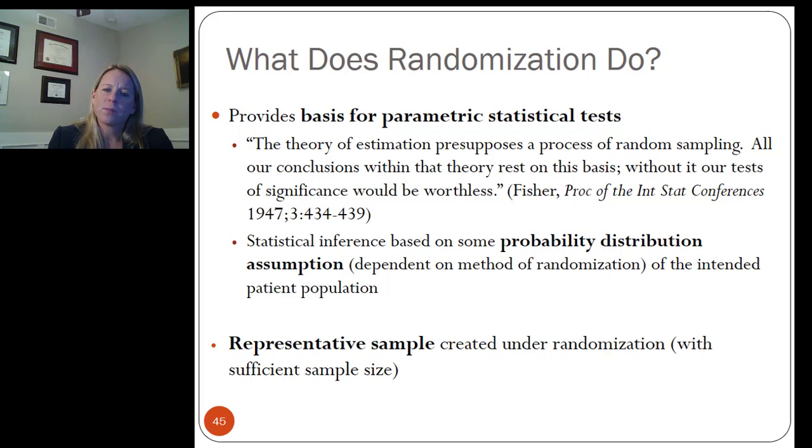Randomization also provides the basis for parametric statistical testing, and essentially what this does is it allows for the use of our standard statistical testing because those rely upon some assumptions of random samples. And then along those lines, randomization also creates a representative sample.